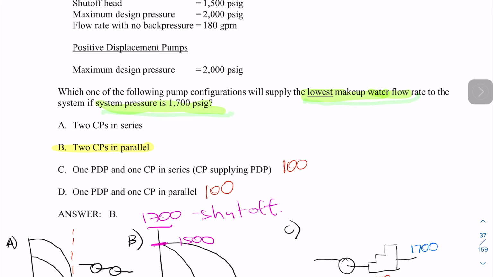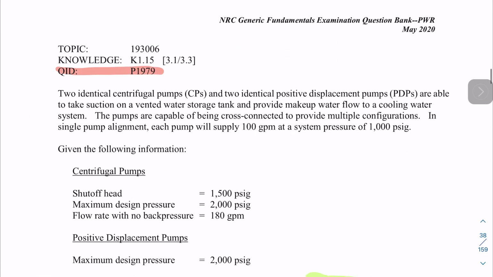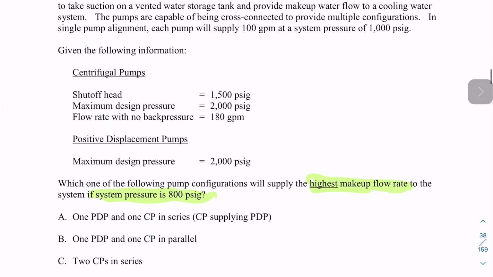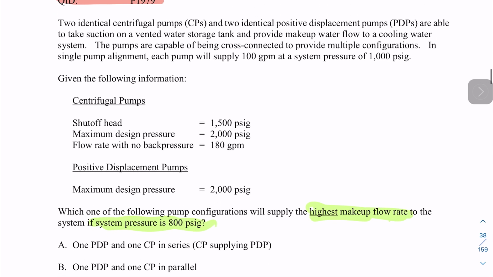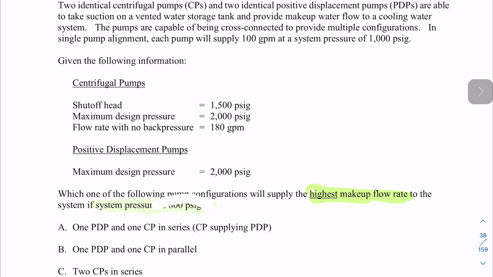We already saw something related to that: system pressure is lower than the maximum design pressure. That's one of the first ones that we look at. Then we have this other one, which is also similar. Sometimes everything is the same, they're just lowering the system pressure.